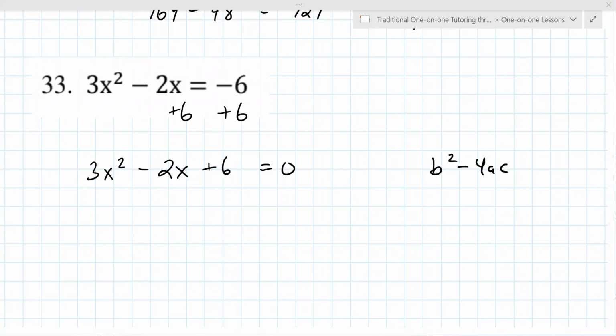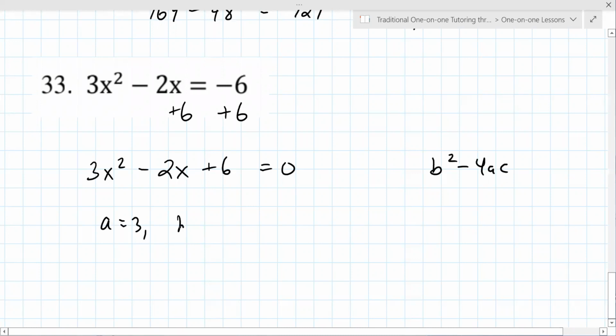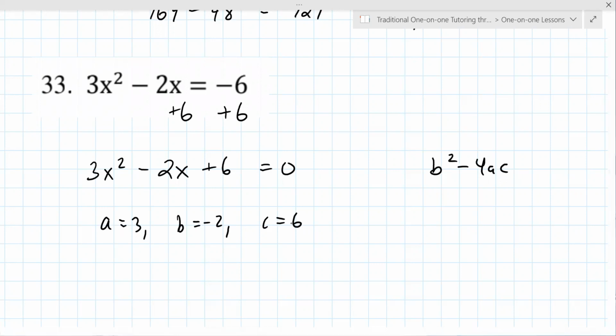So A would be 3, B would be -2, and C would be 6, right? Perfect. Okay, and then you do -2 squared.